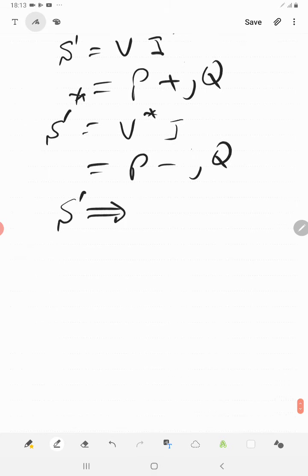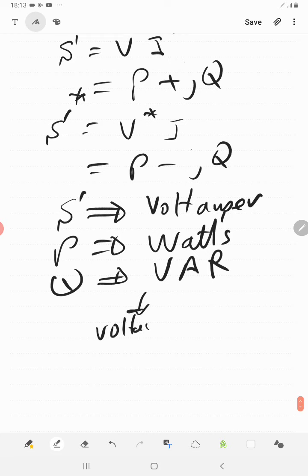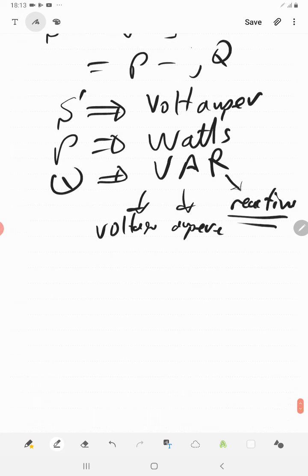S units are volt-ampere. P units are watts. Q units are vars, volt-ampere reactive.